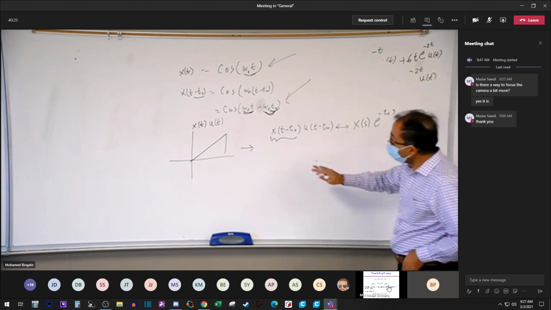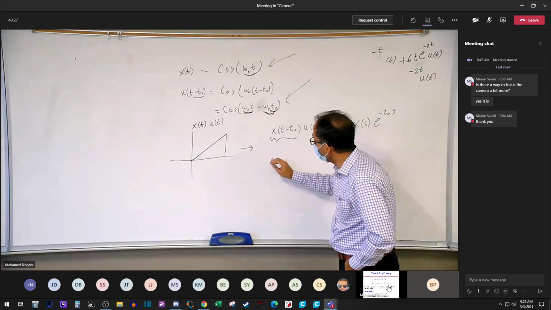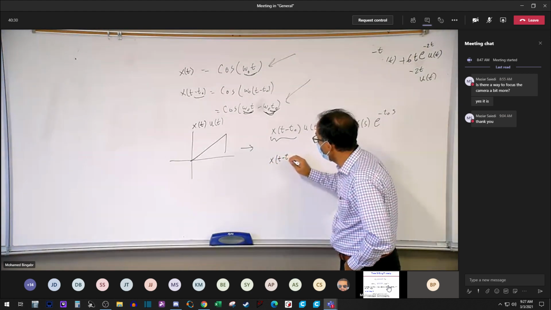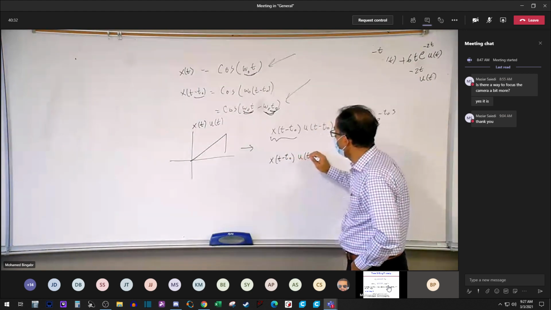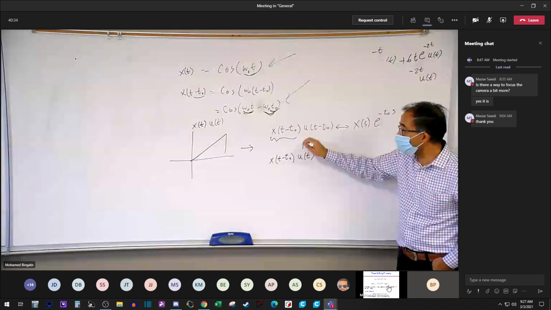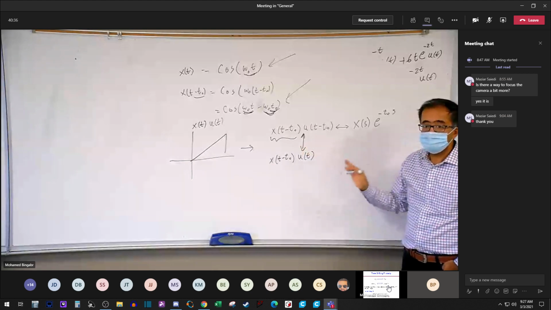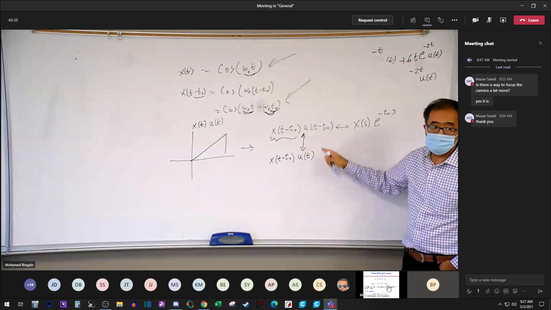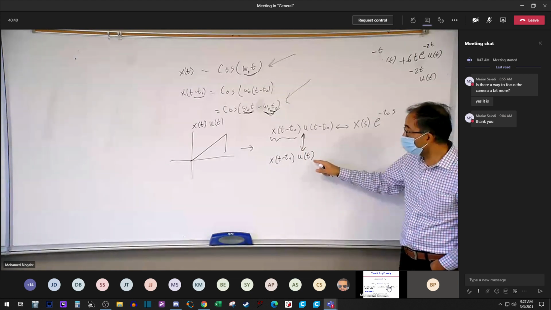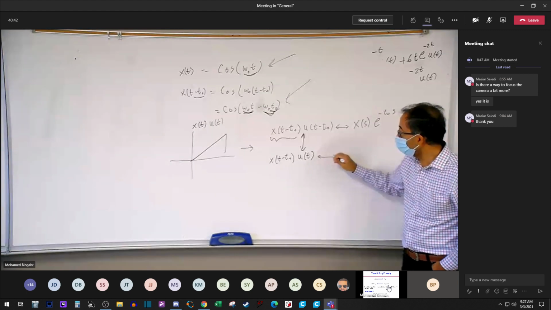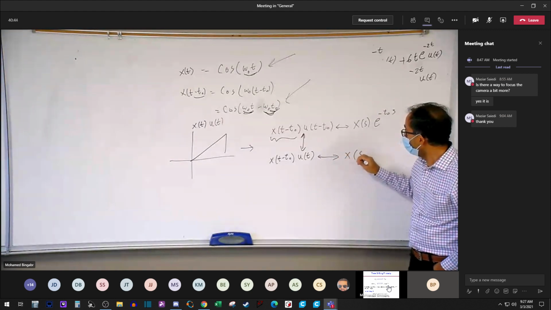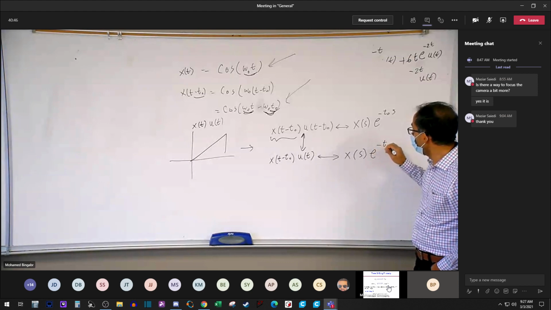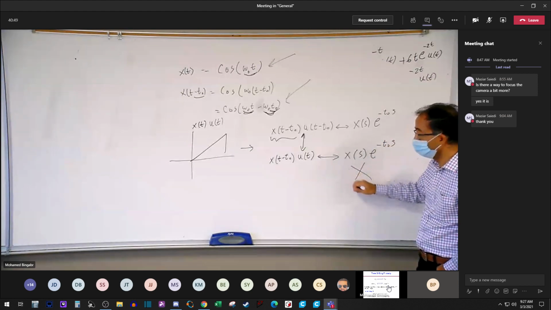But what do you think if you do this one, x of t minus t0, u of t? Now, these two are different. So you cannot just assume this is x of s e to the minus t0 s. That's not correct. That's wrong.